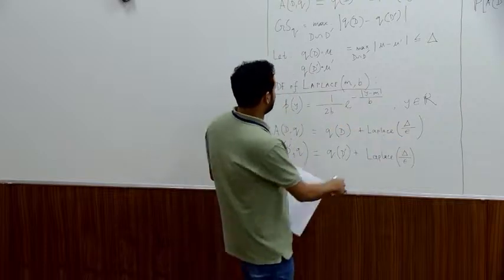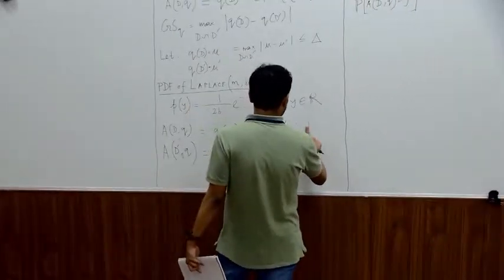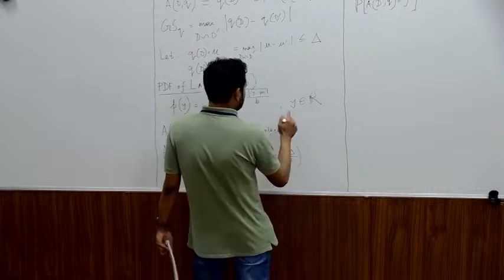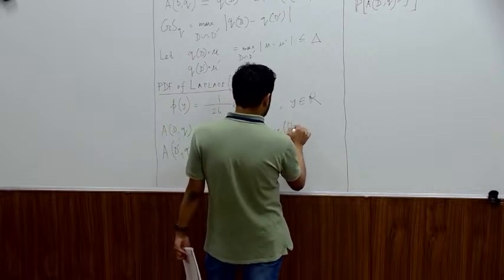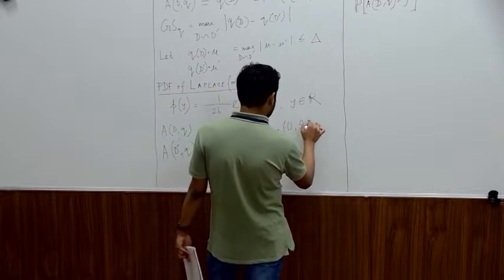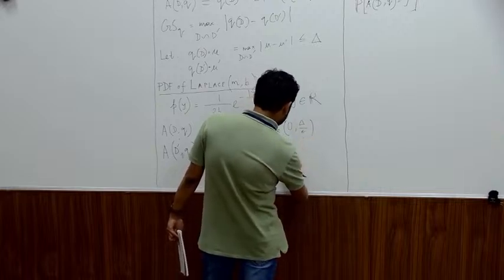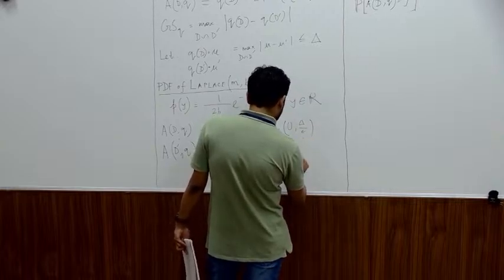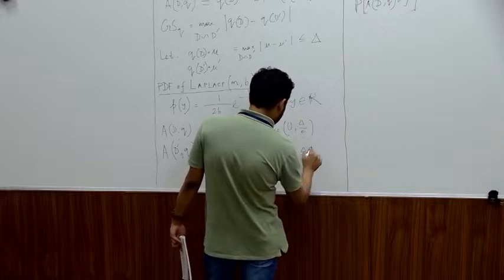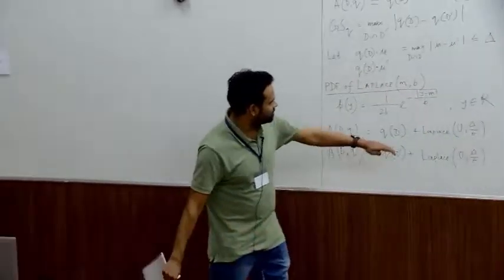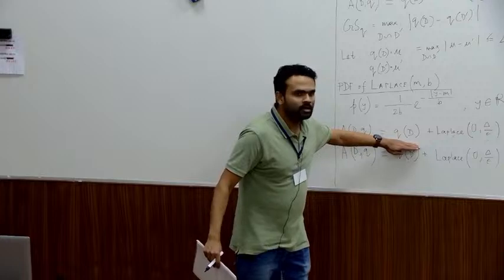I should write more carefully: Laplace of mean 0 and scale delta by epsilon. So basically we are taking a distribution and shifting it by a number q(d).